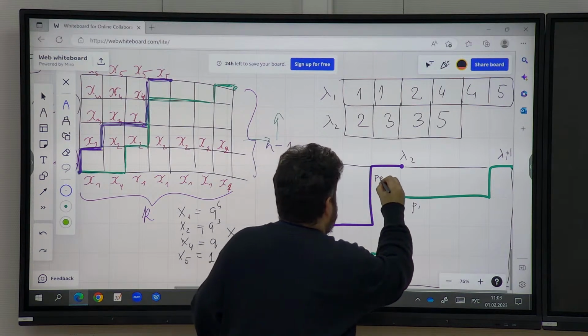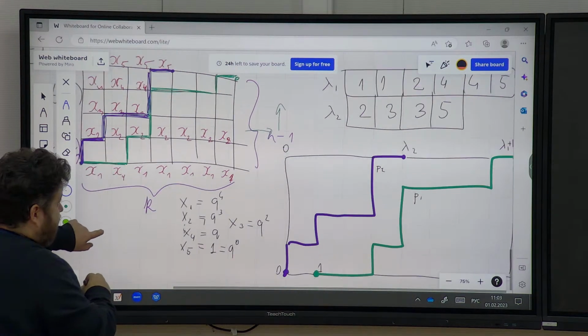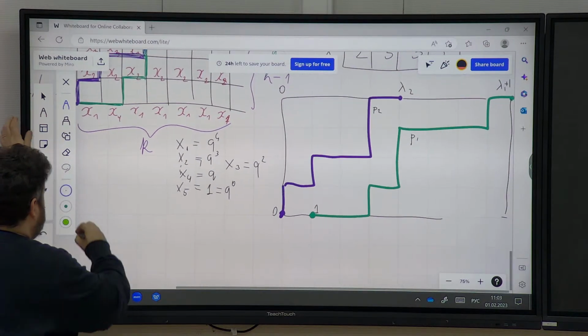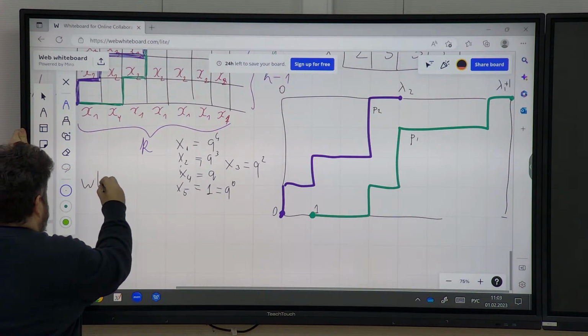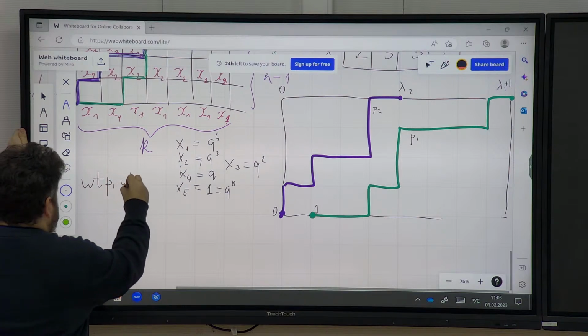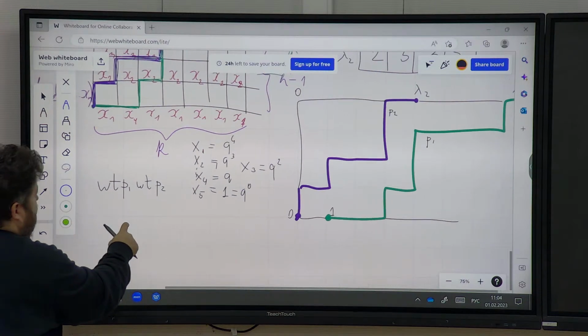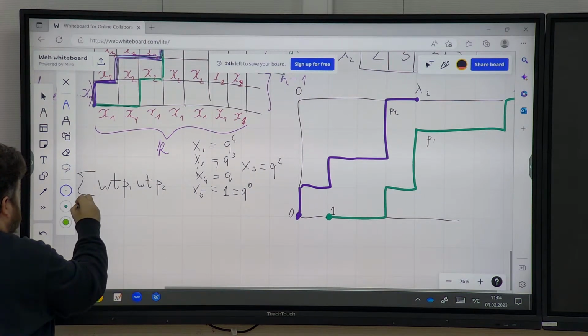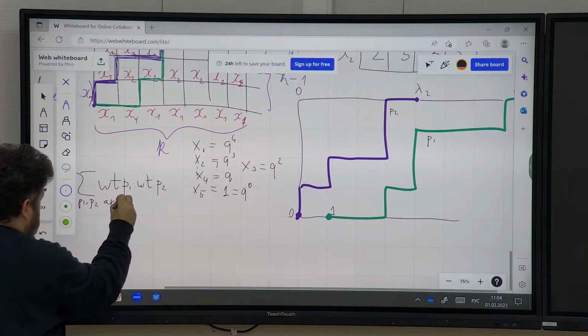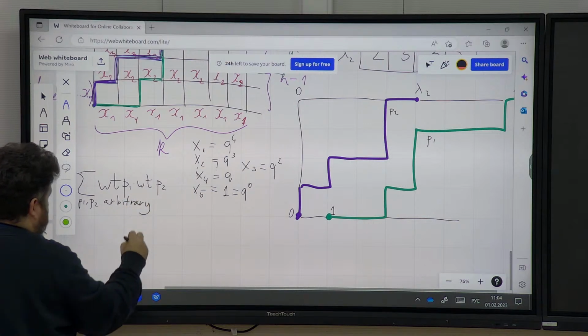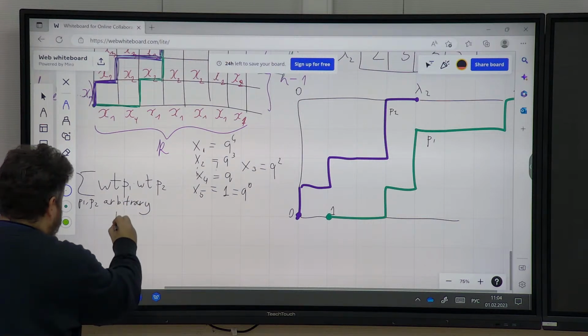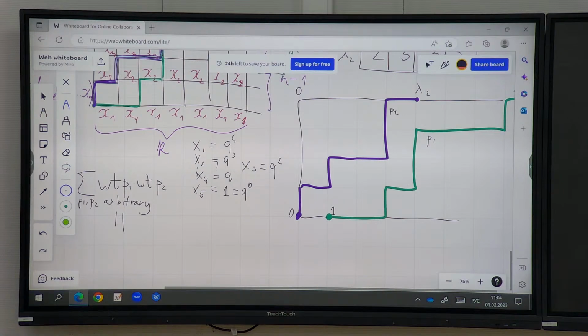And what if I multiply weight of P1 times weight of P2, and sum this over all possible pairs of paths P1, P2? What is this thing equal to?